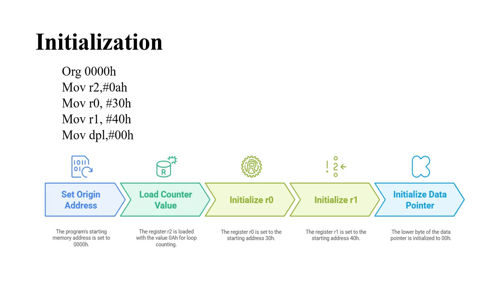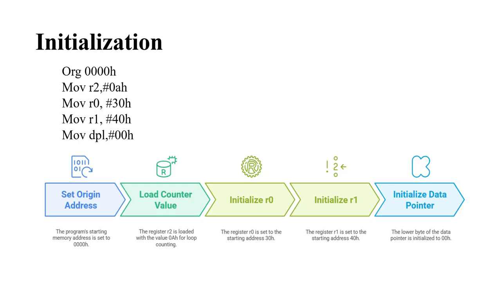Therefore, we have taken the counter value as 0AH. For that the instruction used is MOV R2, #0AH. This instruction initializes the register R2 with the value 0AH, that is 10 in decimal, which indicates the number of bytes to transfer.